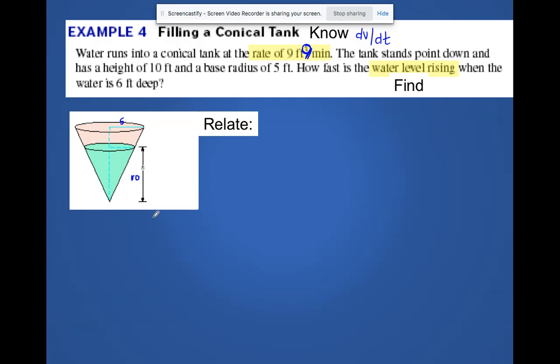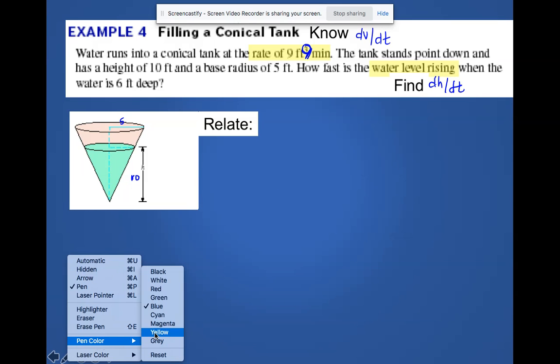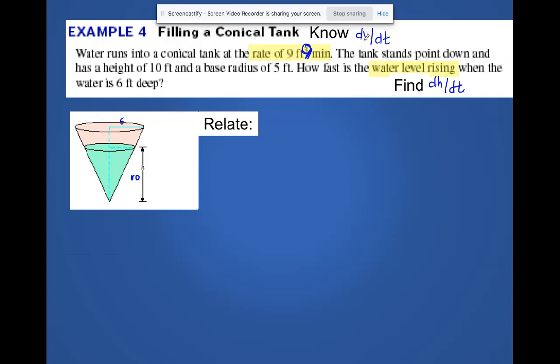What does the water level go with? Put a box around your variables, and your shape. Write an equation that relates the volume and the height of a cone.